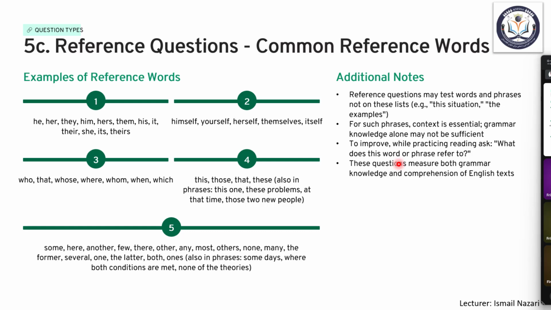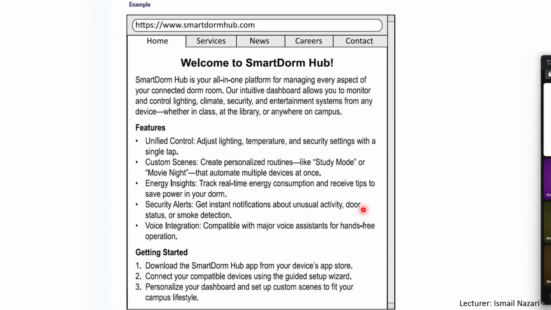We have to practice how to use the context clue, how to use the context of the sentence in order to guess the right referential word. And we have to find out based on grammatical knowledge as well. So this is what we have, the reference questions, common reference words found.